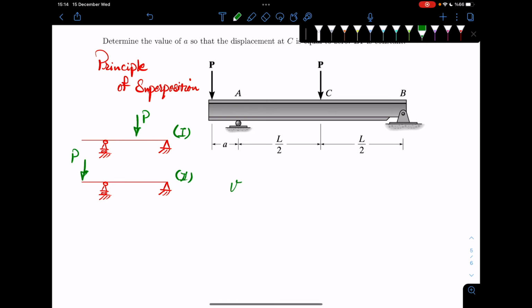So you want V at point C from system 1 plus V at point C from system 2 to be 0. Okay? And for each of them, you can also use this continuity function, Macaulay bracket, and so on.